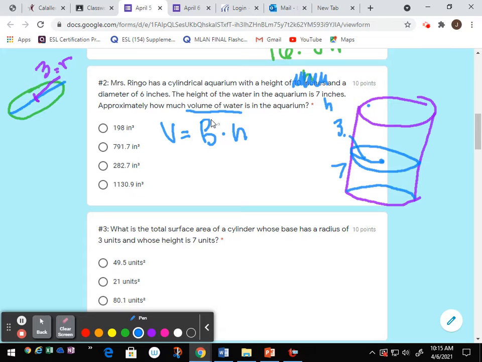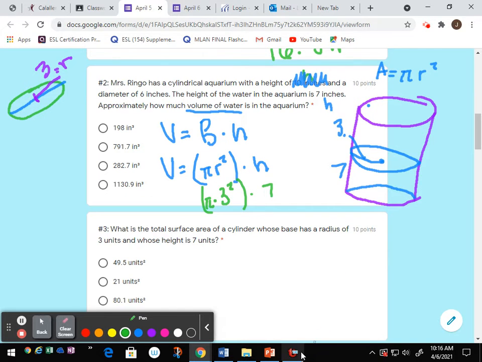But we have to replace big B with the area formula of the base. We know the shape of the base is a circle. The area formula is pi radius squared. So if we rewrite this volume formula, we have pi radius squared in parentheses times the height, okay? So our R is 3 and our height is 7, okay? We just drop down everything else.